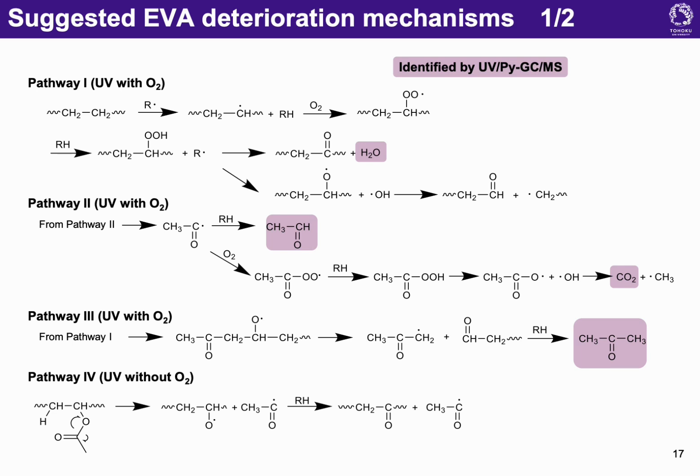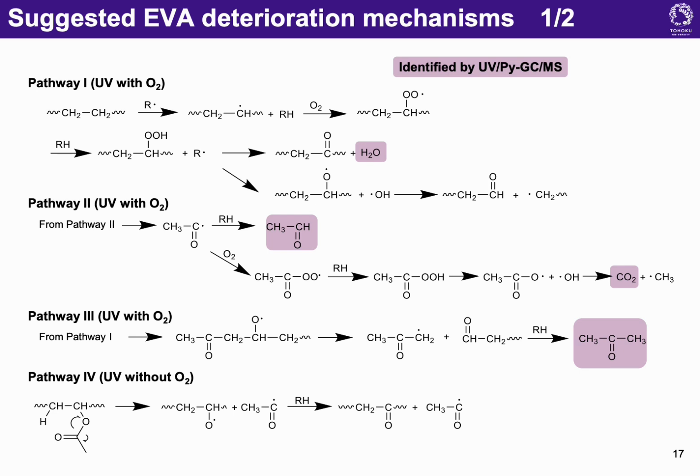The UV PY-GC-MS analysis, which identifies the volatiles evolved during UV irradiation, reveals the production of acetaldehyde and water. These results suggested the existence of several pathways for ketone formation.